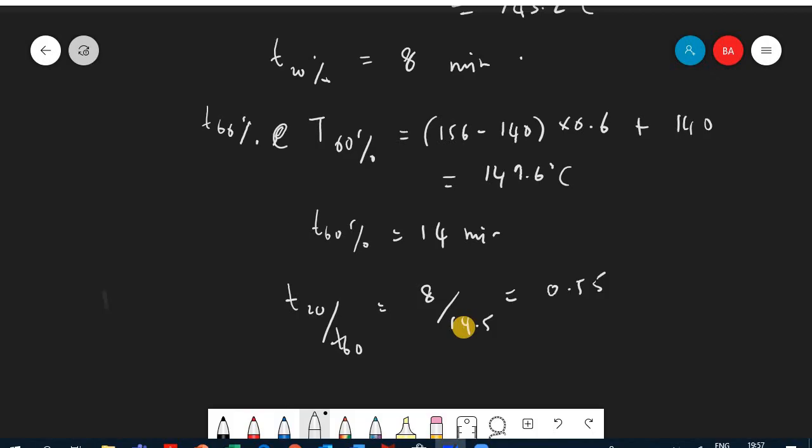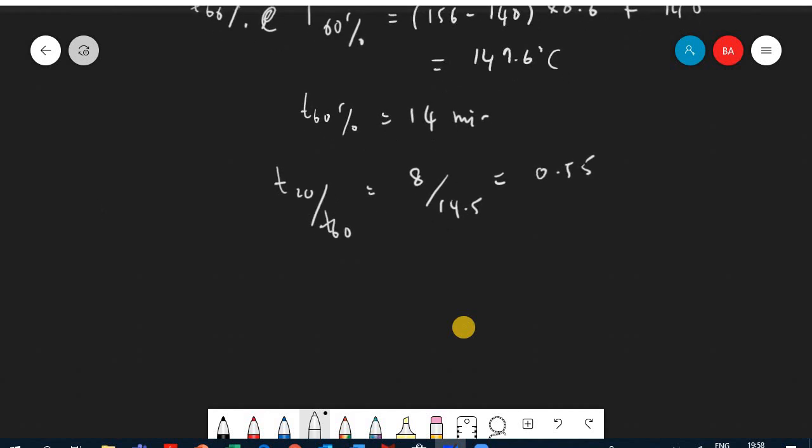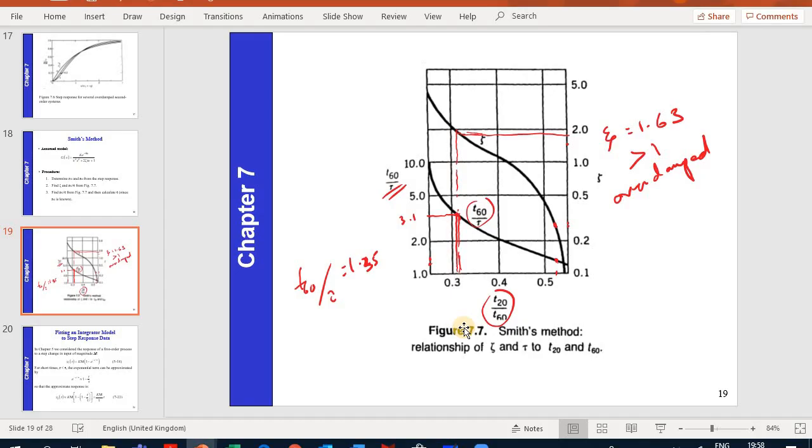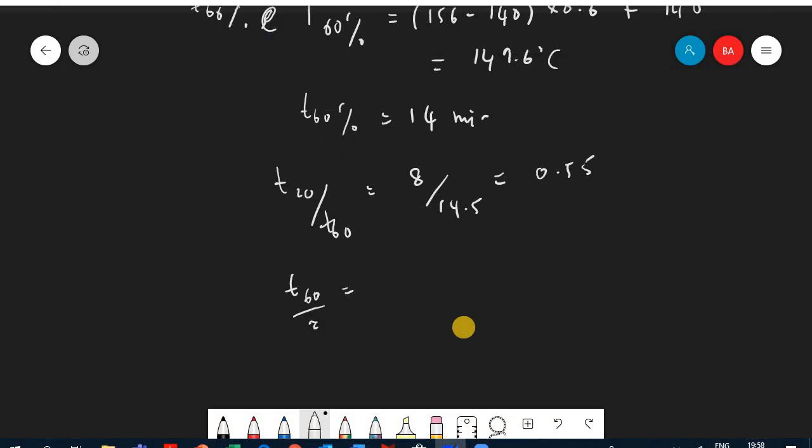Very tricky. So my T60 over tau is 1.35, and my xi was equal to 0.32.